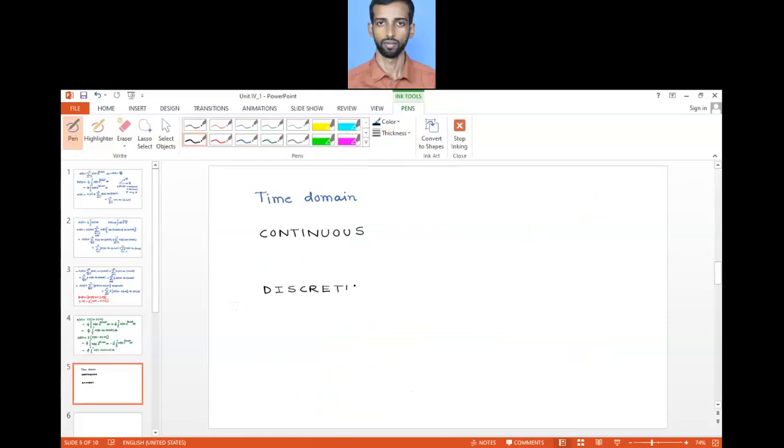That is one aspect of the signal, either continuous time signal or discrete time signal, as far as their appearance is concerned. And as far as their repetition is concerned, it can be periodic or it can also be aperiodic.